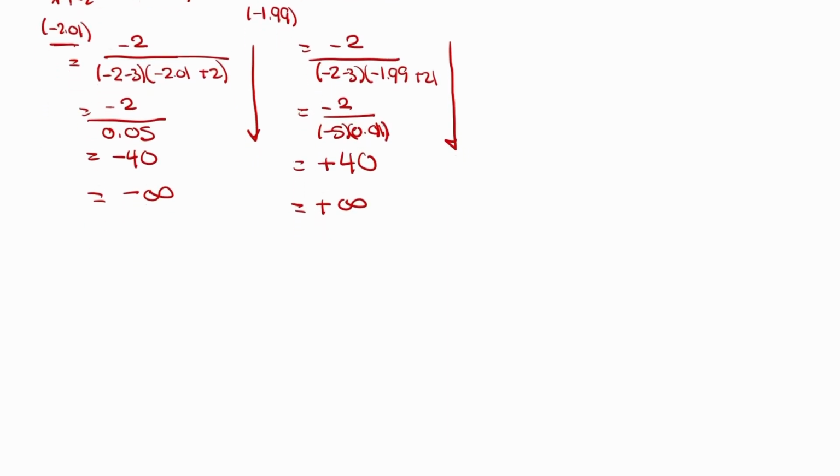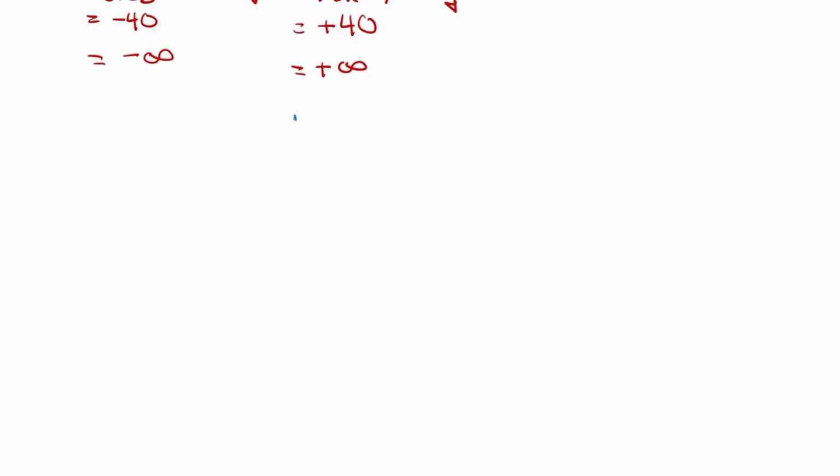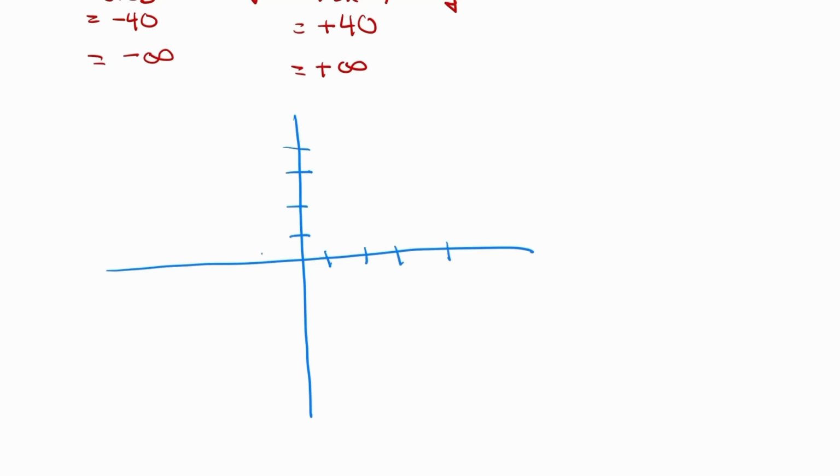So what does this mean on our graph? Let's just pop down here and start to graph this, because ultimately that is what we're being asked to do. So 1, 2, 3, 4, 1, 2, 3, 4. Okay, so I know that I have an asymptote at -2. So let's get our asymptote in there at -2.